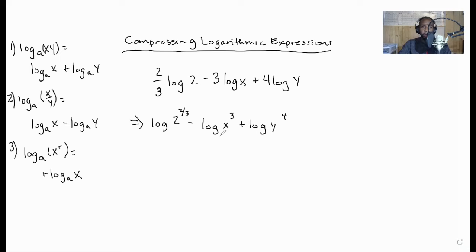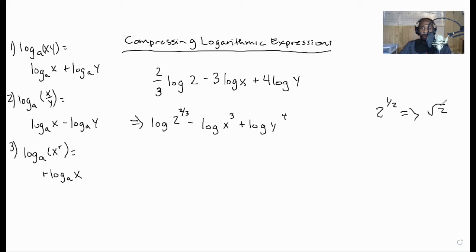Now this piece here, I'm going to go ahead and convert it to a cube root. Just to refresh memory, if you had 2 to the 1/2 power, that is the same as the square root of 2.